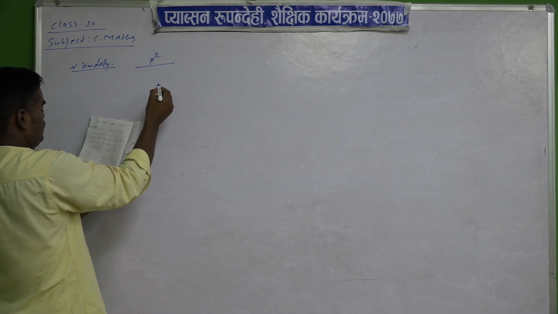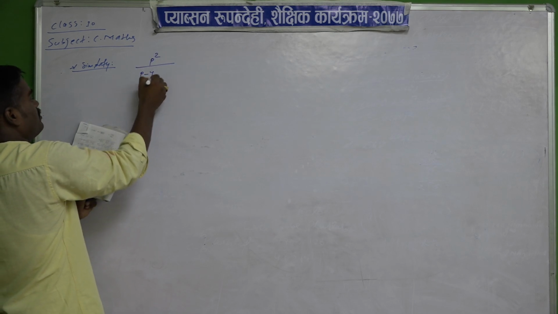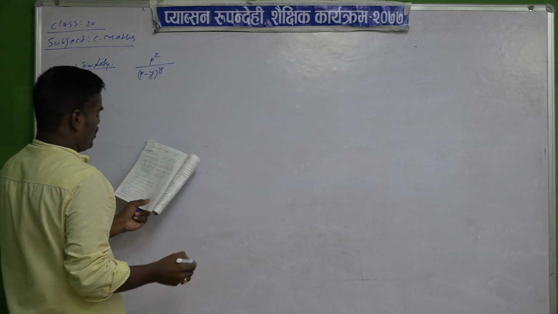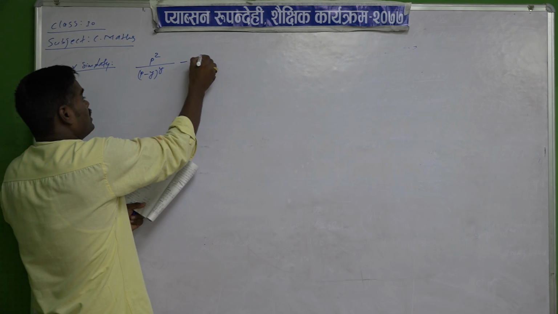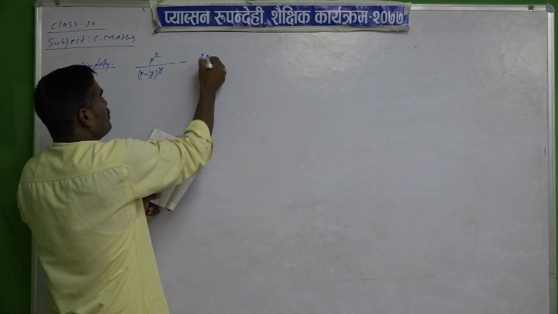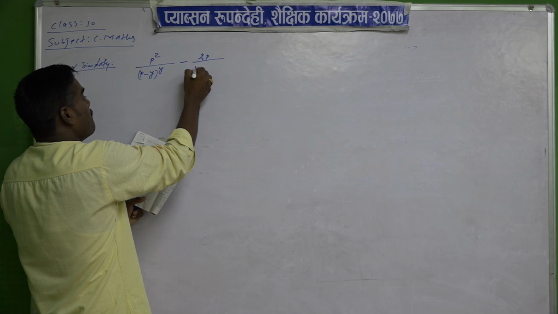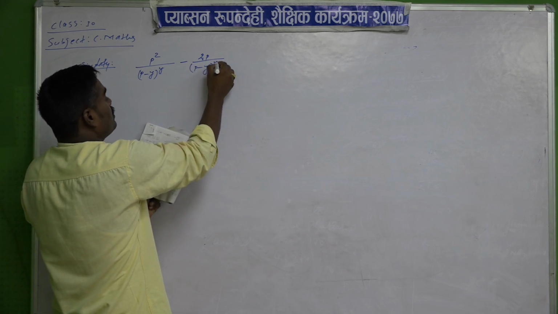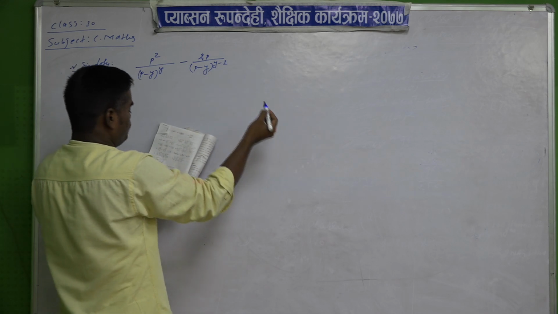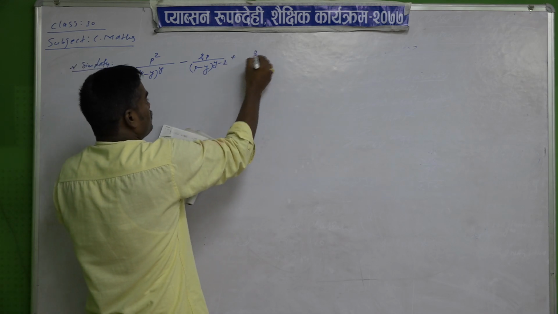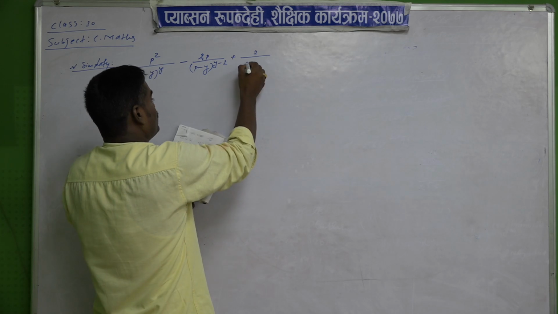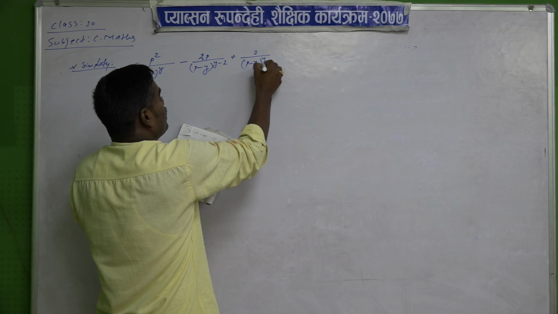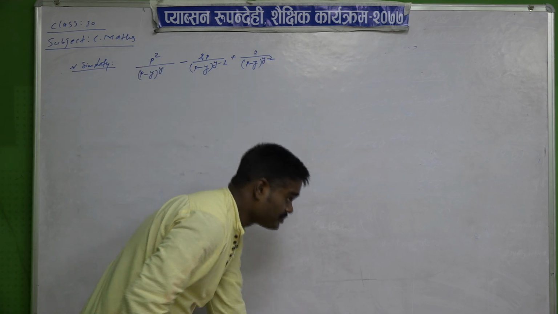p² (p − y)^(y) − 2p (p − y)^(y−1) + 1/(p − y)^(y−2).